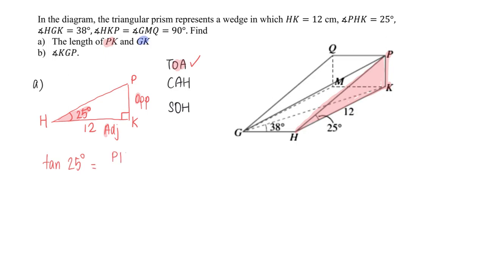Opposite over adjacent. So therefore, my PK is simply 12 times tangent 25 degrees. And this will be equal to 5.569 to about 6 significant figures, 5.60 cm to 3 SF.